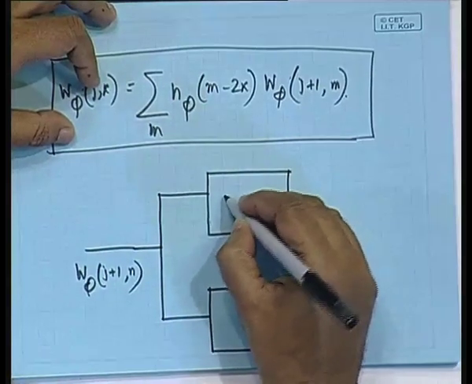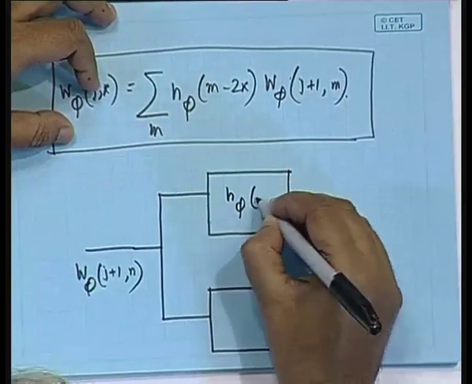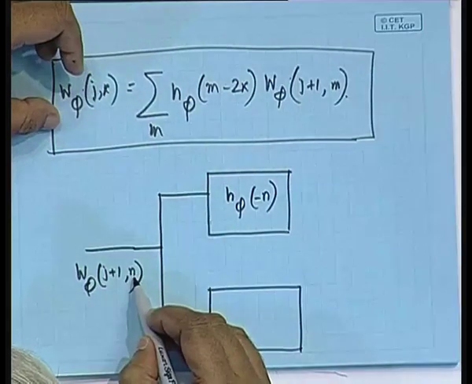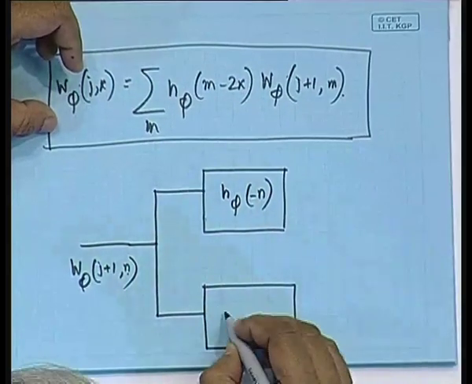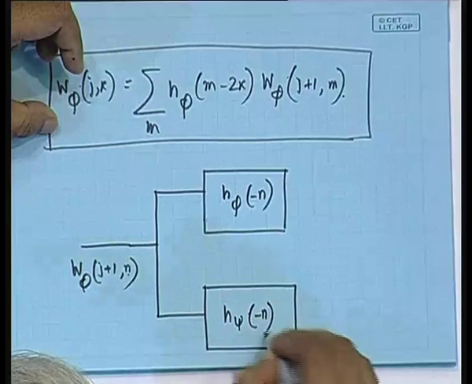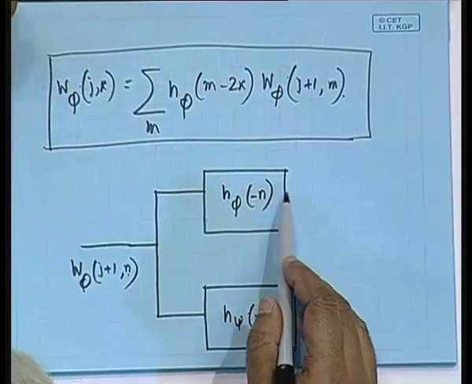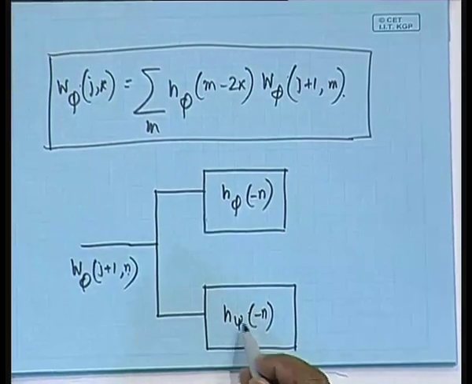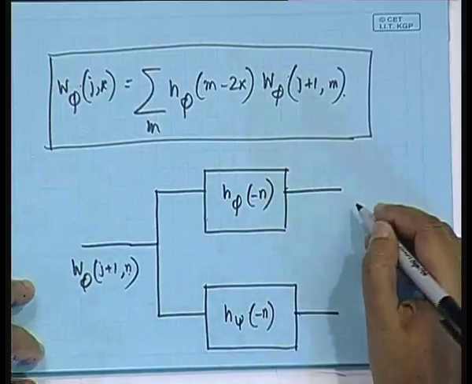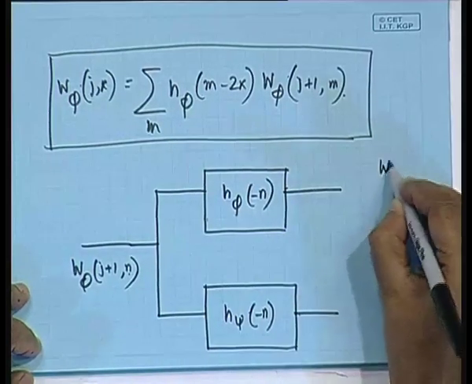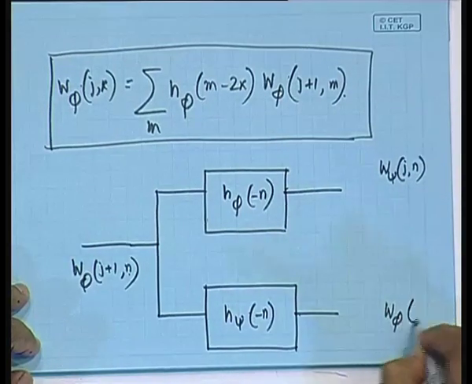This one is given by h phi of minus n, because if you are using this as n, then this becomes minus n, and this as h psi of minus n. So, this one will be the scaling analysis filter, this one will be the wavelet analysis filter. In that case, from this you should be able to obtain this W psi j n and W phi j n.